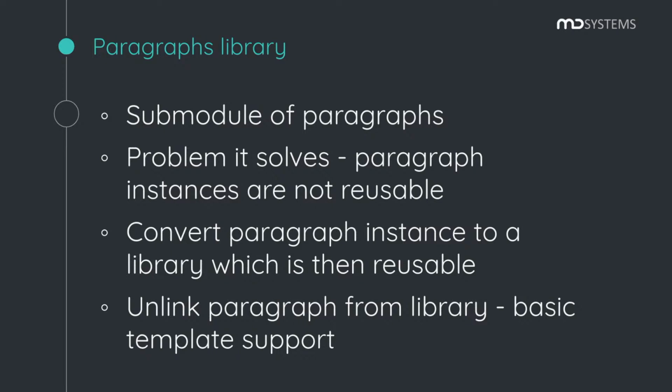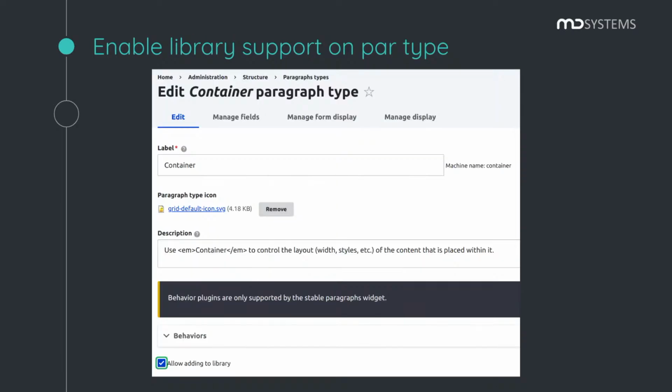Without paragraphs library, you would need to rebuild that stuff on the other page also. With paragraphs library, you can actually reuse that complex paragraph as an instance in another place. And later also, if you need, you can unlink the paragraph from the library instance, which actually gives you basic template support. I'll show you now in an example if it's maybe just too abstract.